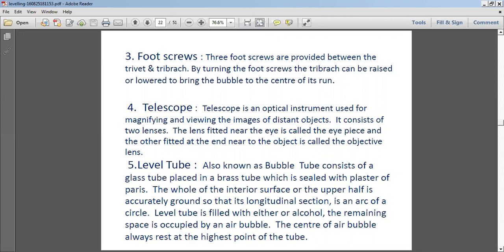We can also magnify through the eyepiece, and a focusing screw is provided to get a clear picture. Next is the level tube, which is used to level the instrument. The bubble tube shows whether the instrument is in a level state or not. If it is not level, then we have to make sure it is brought to a level state. We use the foot screws or the tripod stand to make it level.